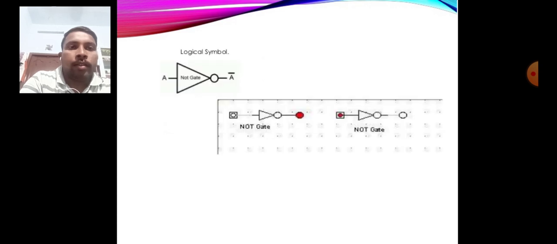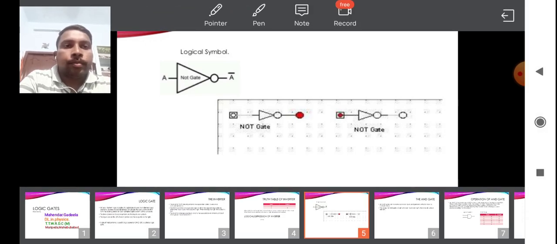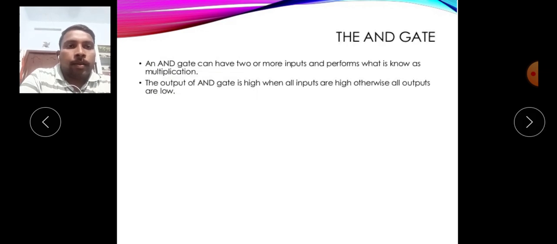The next one is the logical symbol for the NOT gate, A and A dash. The diagram below shows the NOT gate and its operation.